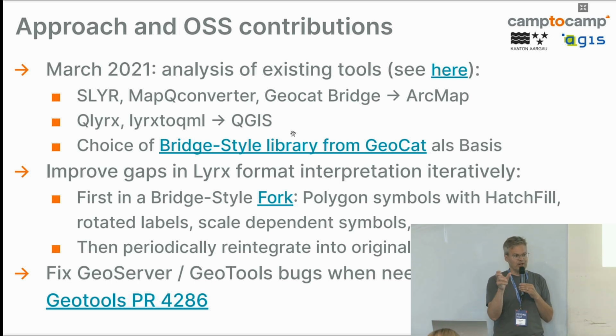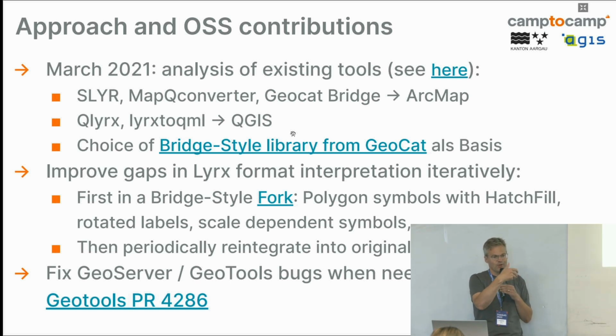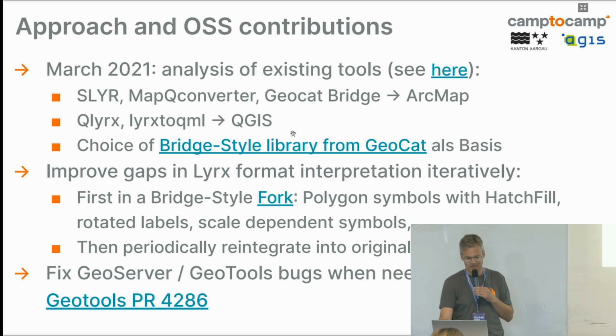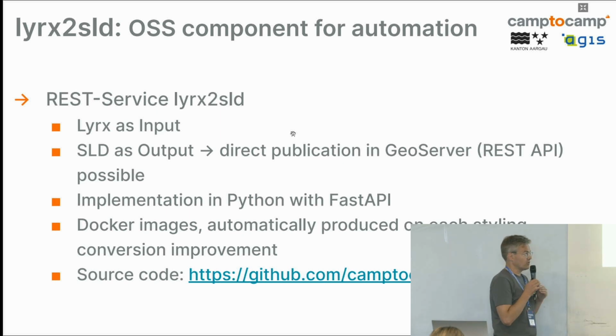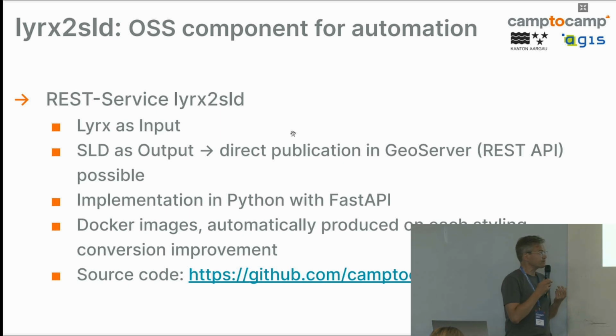The big gaps are really whether all the things that you can do in ArcGIS are covered by the conversion library, and can they even be expressed in SLD at all? That was the main challenge, to figure that out and to complete the library. So that's for the conversion library itself.